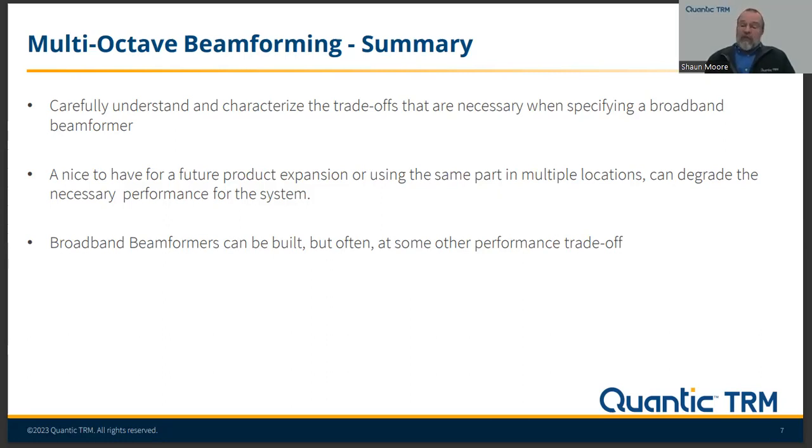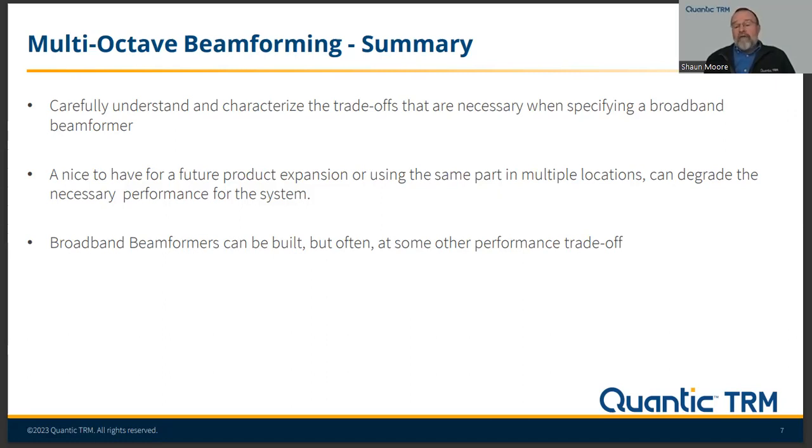A good example is if you have multiple locations where you're going to put this, and the beamformer itself will only ever operate over a narrow band. Then what you want is a like-to-have, which is using one component for multiple spots in the system.